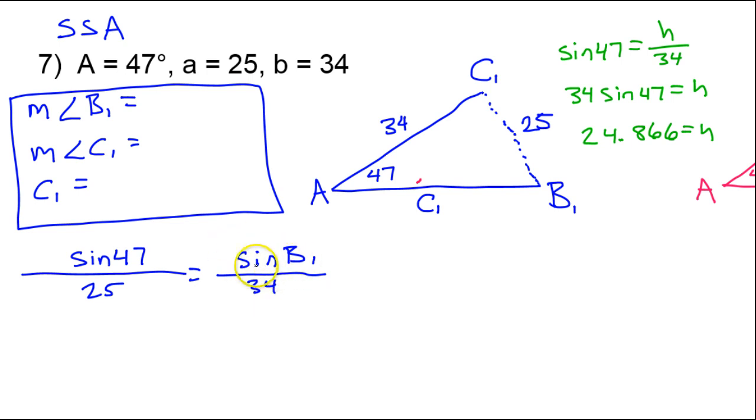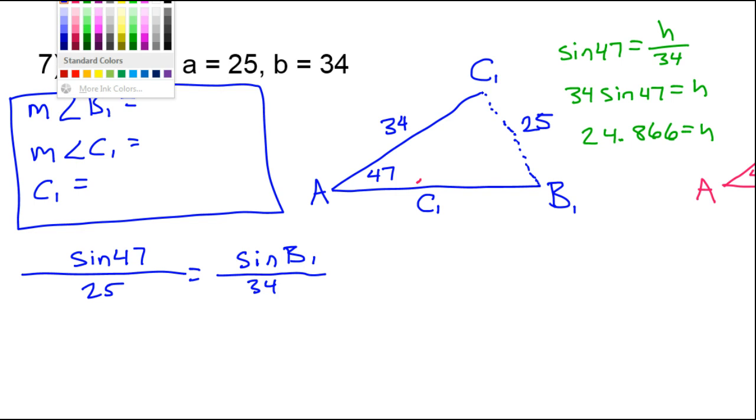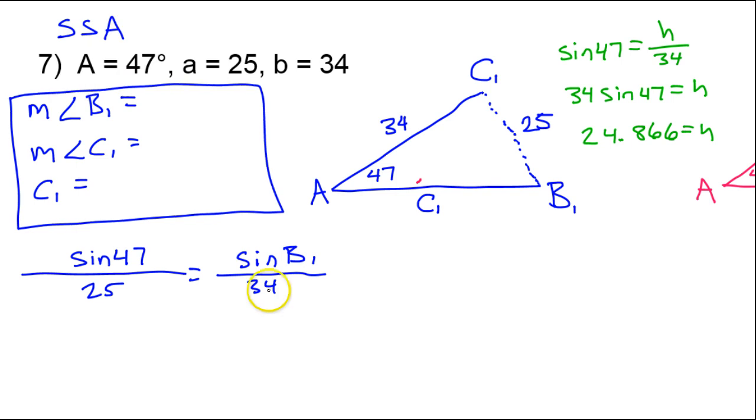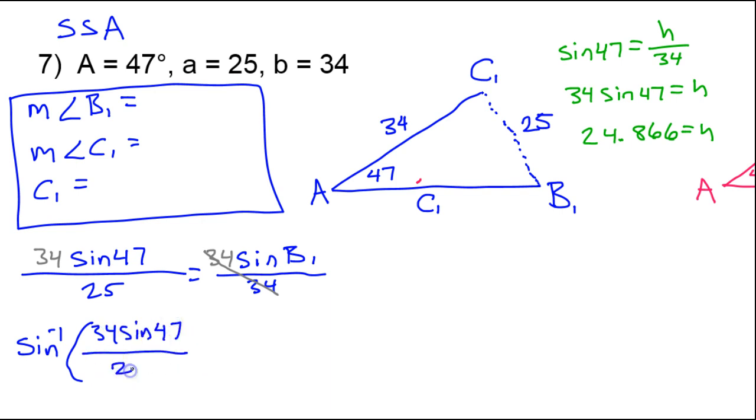To get the sine of angle B1 by itself, I need to multiply both sides by 34, that way these 34s will cancel out. That gives me the sine of angle B1, but I want the actual angle B1, so I need to do the inverse sine of all of this, and that should equal the actual angle B1.